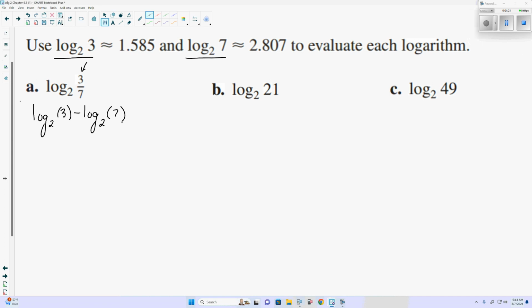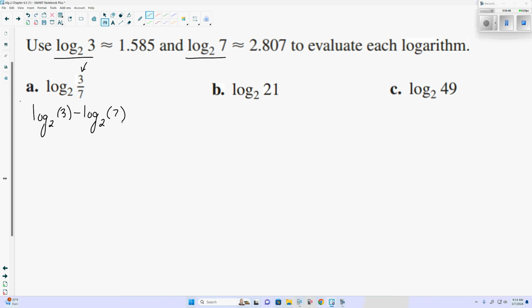Log base b of m over n is equal to log base b of m minus log base b of n. Quotient. Product. Power. Okay.